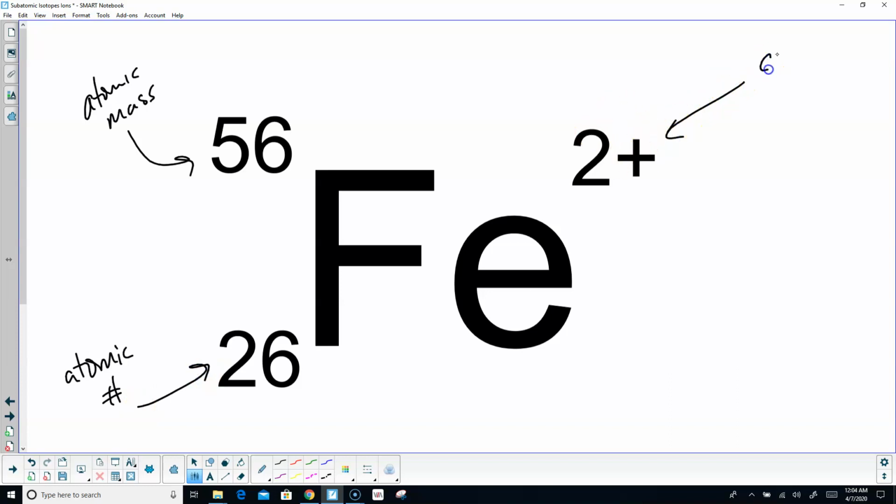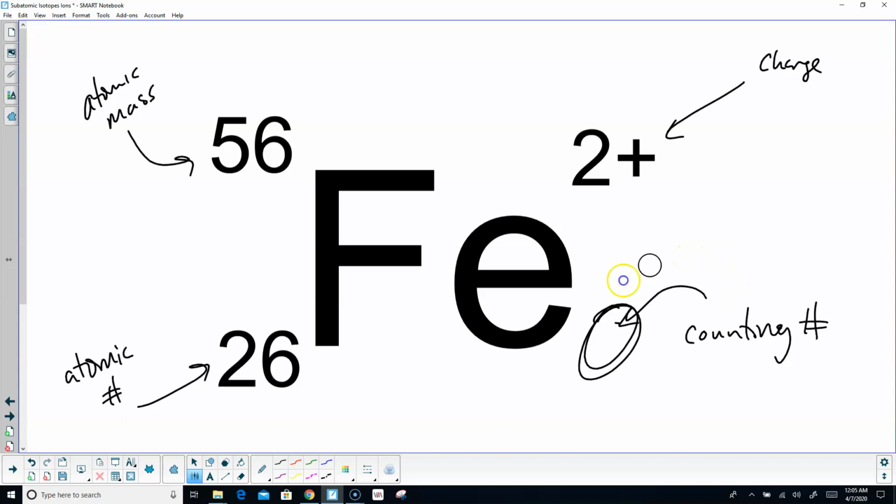If you see a number up here, this is a charge. And down here, we're going to do this later on, but this is a counting number. It's just telling you how many atoms there are. But for right now, the ones we're focusing on are atomic mass, atomic number, and the charge, if any.